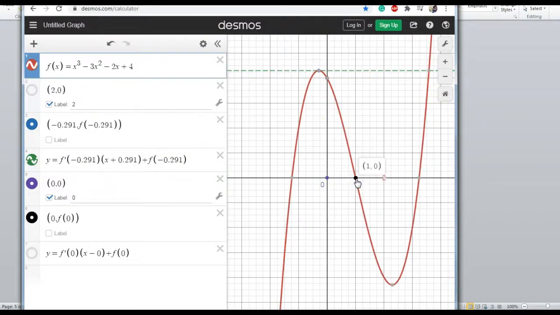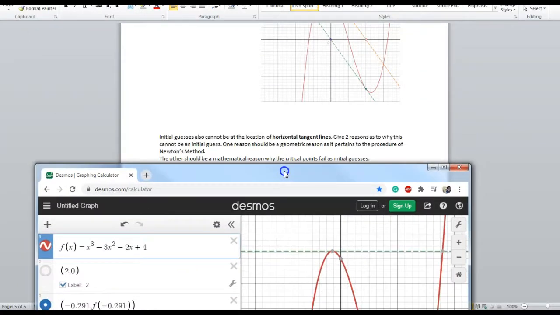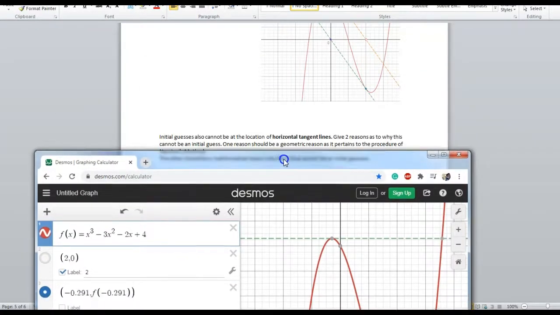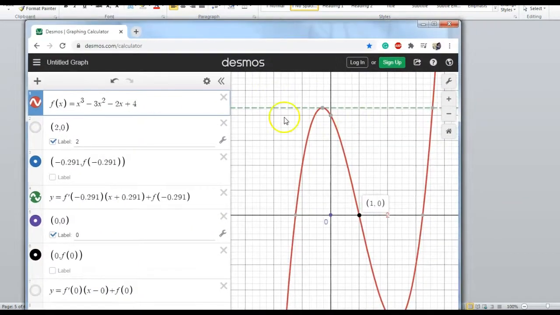That's why I'm trying to get the 0. And if I make that my guess, where that horizontal tangent line is, that's a big problem. And that's what you need to talk about right there: a mathematical reason based on the formula, and then this geometric visualization, based on what we're supposed to do with the tangent line.